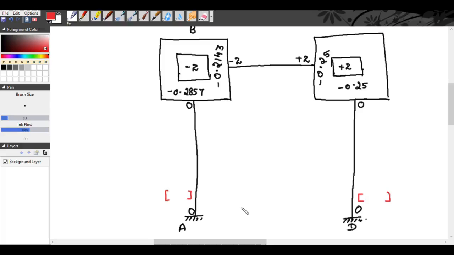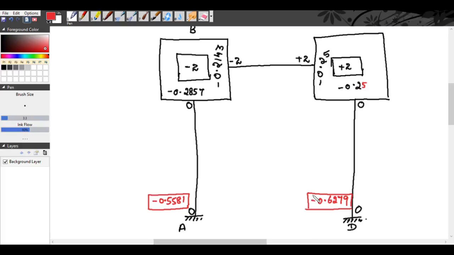For the column BA, the displacement factor is minus 0.5581 and the displacement factor for the column CD is minus 0.6279.